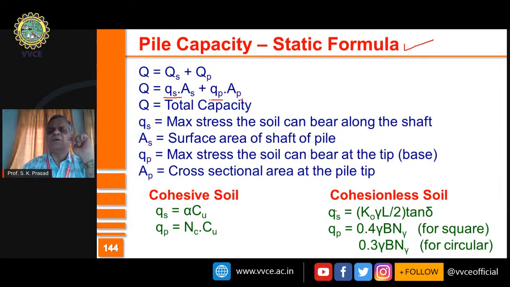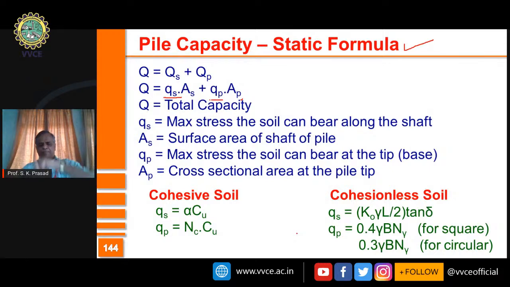But many times the ultimate value may not be reached because complete shear may not be mobilized. Therefore, qs can be considered as alpha times Cu. Alpha is the shear mobilization factor, which depends upon several issues, and can be taken as approximately 0.7 or 0.8, and it depends upon the type of the soil also.